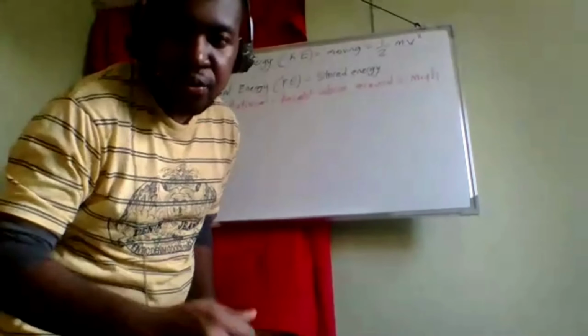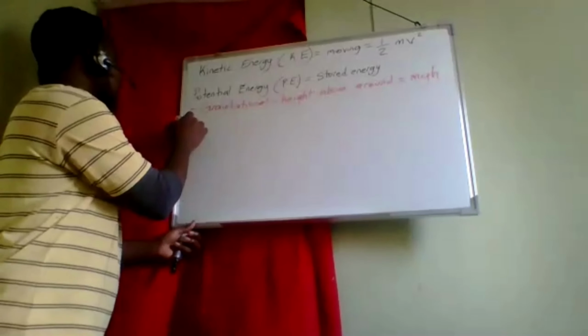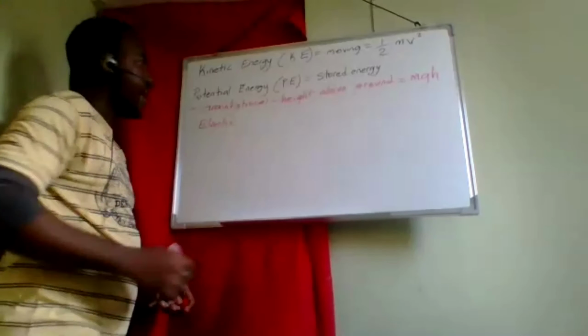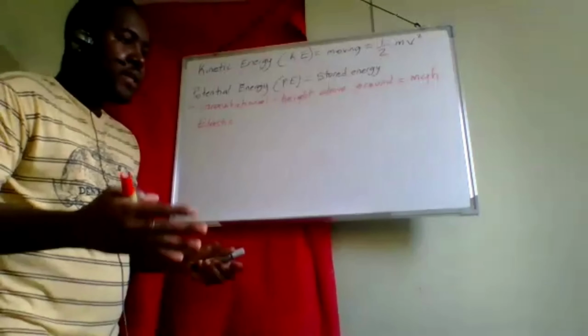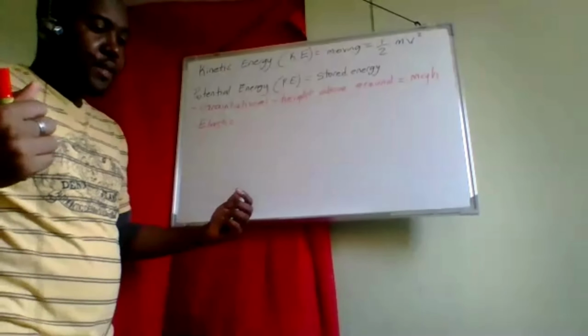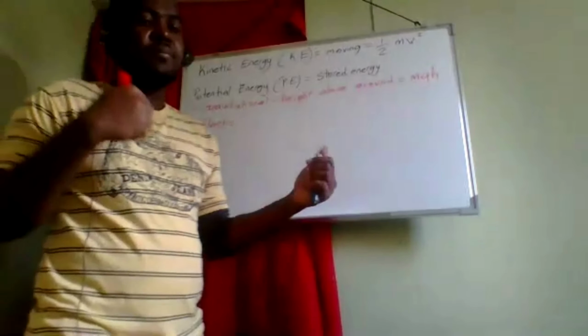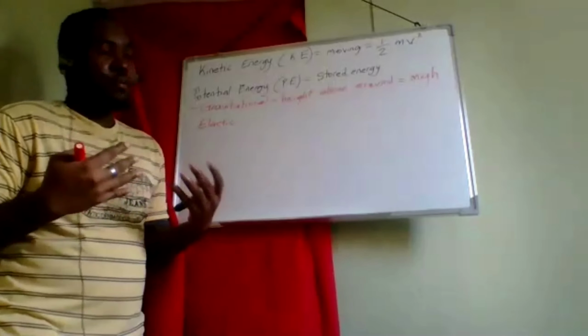All right, another form is the elastic potential energy. Elastic potential energy is the stored energy that elastic objects have that will cause them, if you stretch them, to come back to their normal position, or if you compress them, to come back to their original position.